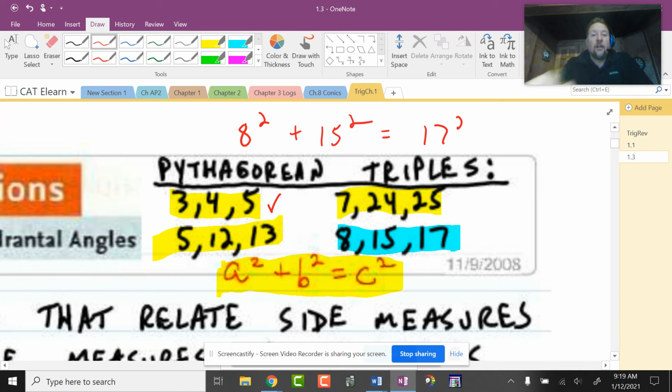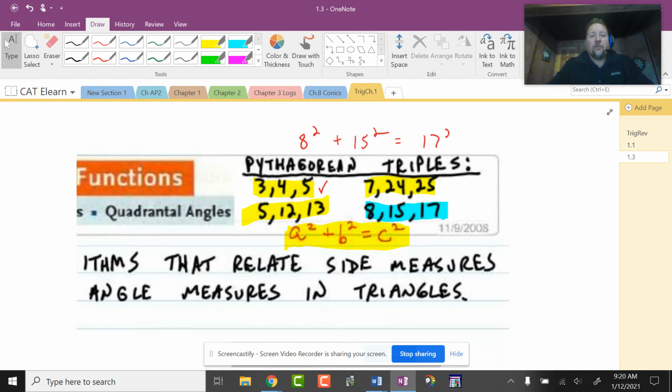So 8, 15, 17 could be 3 side measures in a right triangle, with 17 being the hypotenuse. That would represent a right triangle. And that's what we're dealing with this first section. Actually, most of the year is right triangle trig. So that's why this is important.